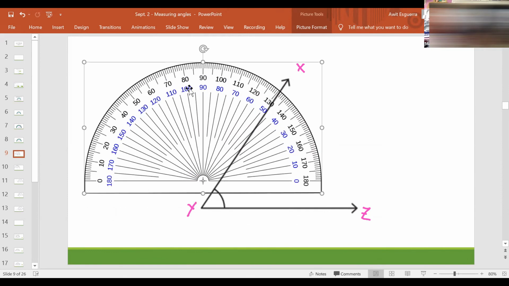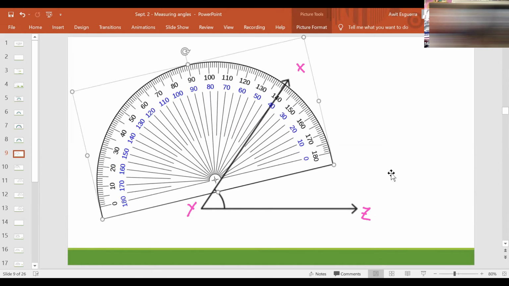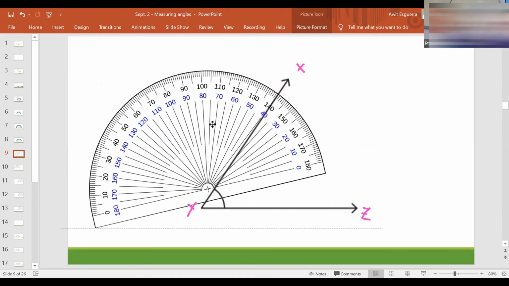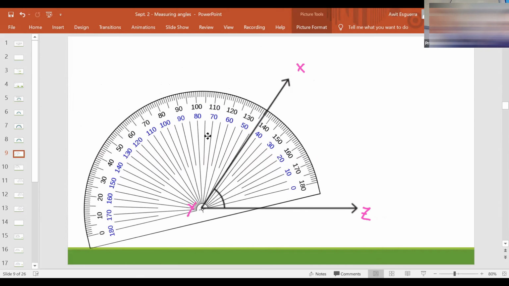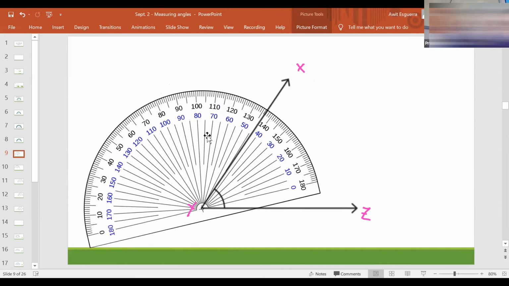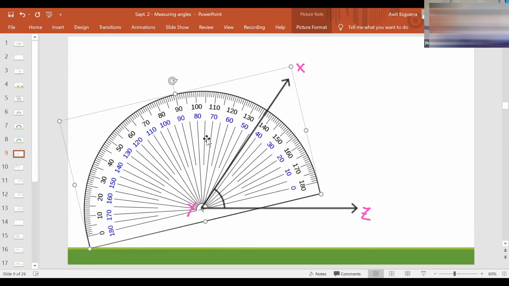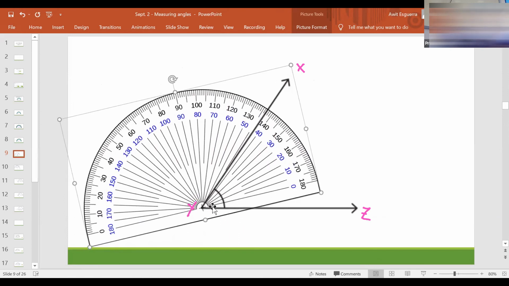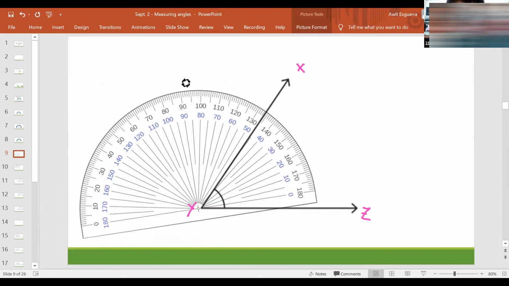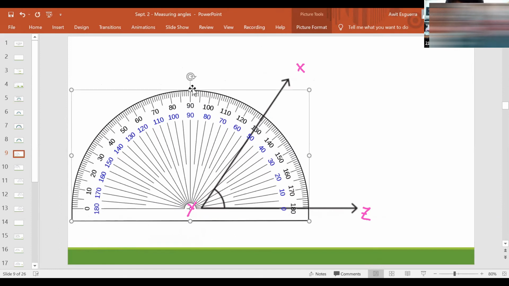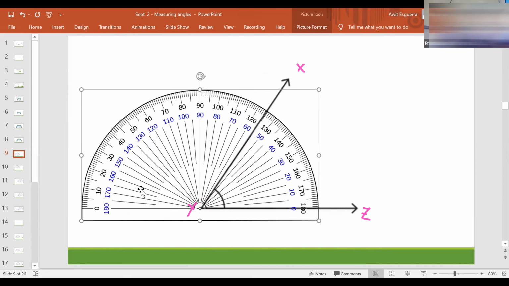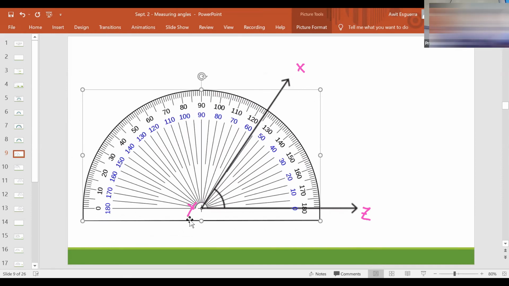So what if, for example, the protractor is like that? You're going to align this to the vertex. Let's say that's the vertex. And then one line should be aligned with the baseline. So we're going to move it to the baseline. Then we move the center mark again, which is the vertex, and then one line is at the baseline.